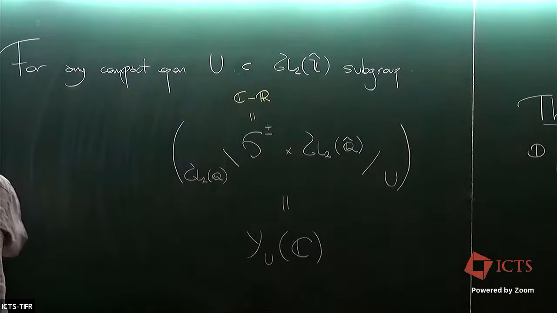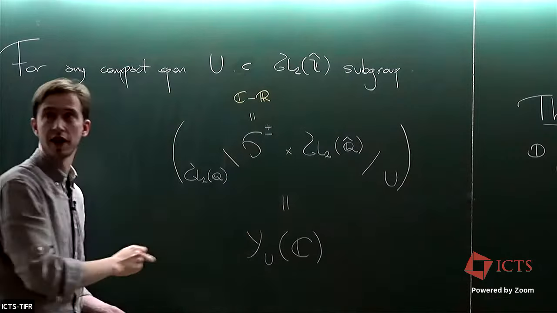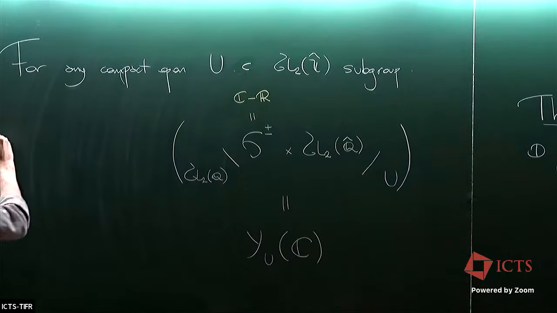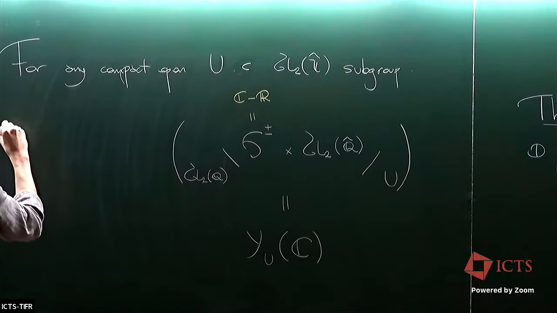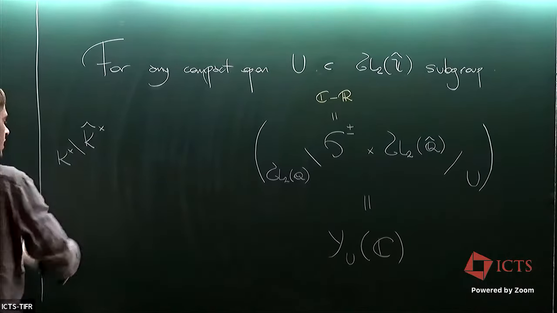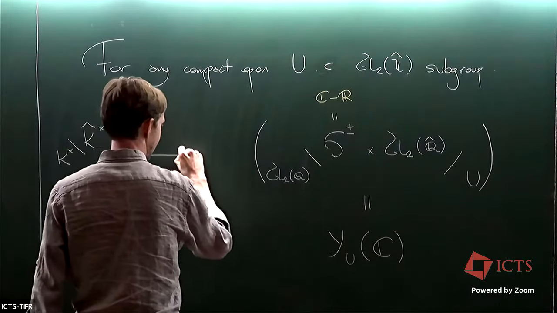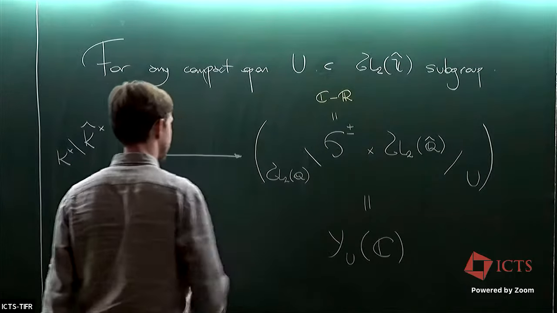Well, because from this data that I have here on this board, I also get embeddings of K star and its adelization inside of this space by just putting everything into the second factor. I get associated to the left board here, the profinite completion of K, units modulo K star, and I get a map like so.